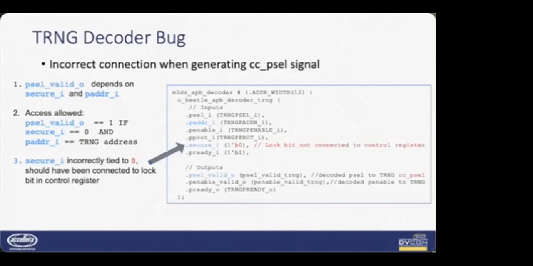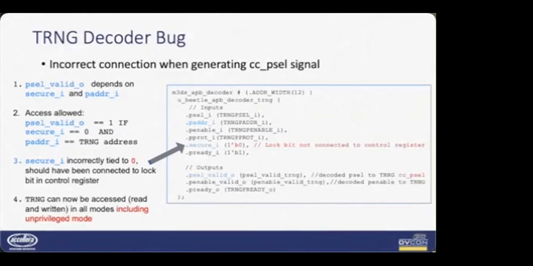Really, it should have been tied to this lock bit in the control register, which would be set to a 1 when it was running in unprivileged mode. Because it was not, the TRNG can now be accessed, which means read and written in all modes, including unprivileged mode. This is a common bug that we find in designs.